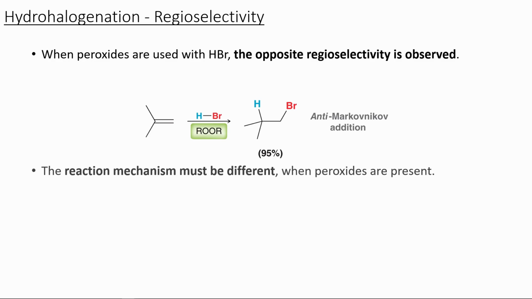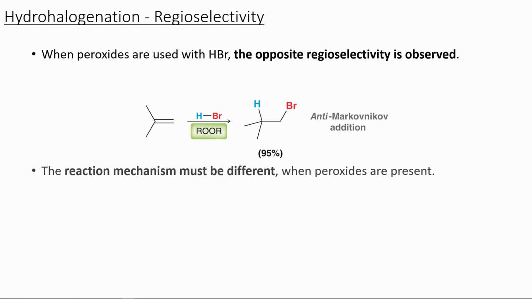However, if we use a peroxide, so if we add an additional reagent to the reaction, we can observe the opposite regioselectivity. In this case, we can observe the halogen attaching to the less substituted carbon, and the hydrogen attaching to the more substituted carbon.